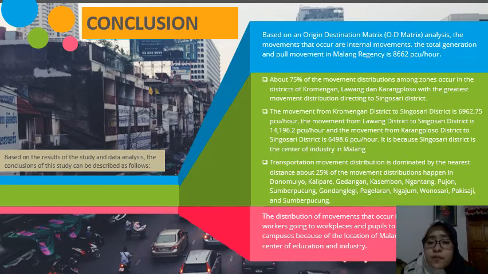The movement from Kromengan district to Singosari district is 6,972.75 PCU per hour.